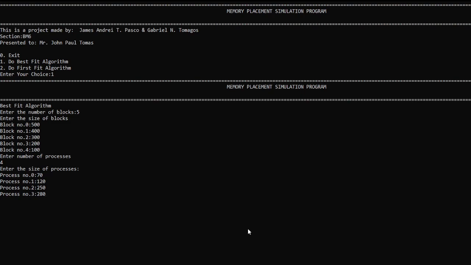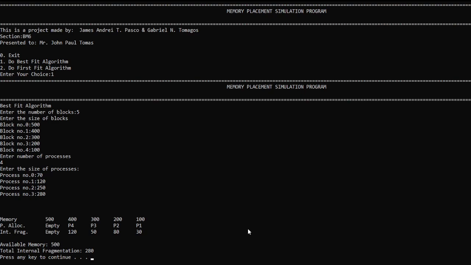As we press enter, we can see that the process of 280 responds to 400 bytes. That is because we have placed an input of both numbers within the range of 300 bytes, which are the 280 and the 250. 280, the highest, is placed under 400 bytes, and 250 is placed in 300 bytes.